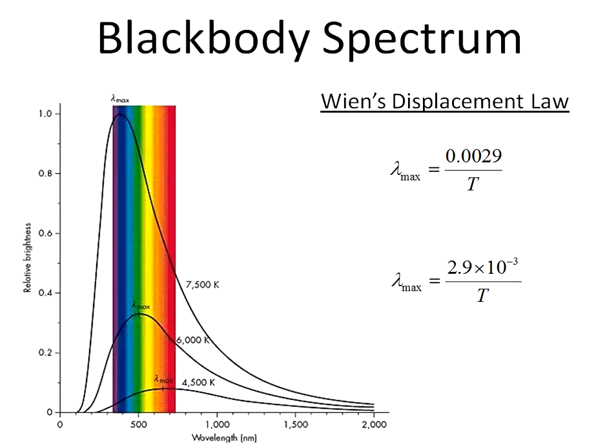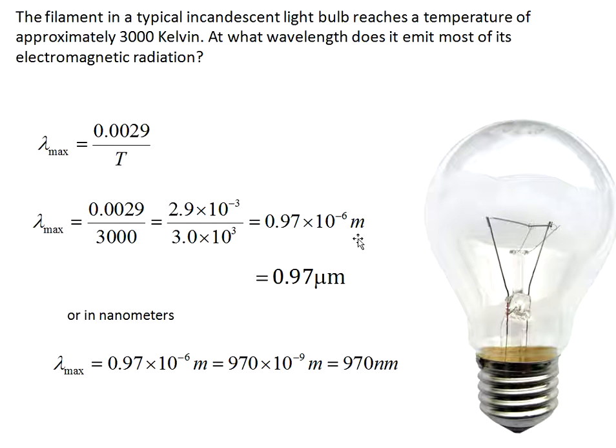So just quickly looking back at that calculation, we took Wien's law, we plugged 3000 Kelvin into it, and out came a wavelength of maximum emission of 0.97 micrometers.